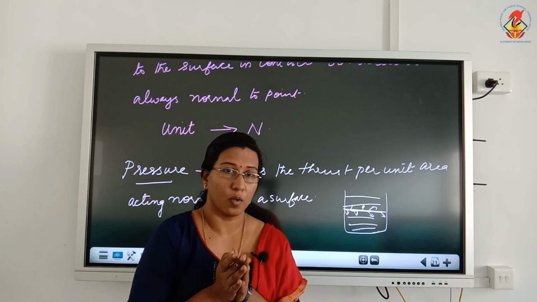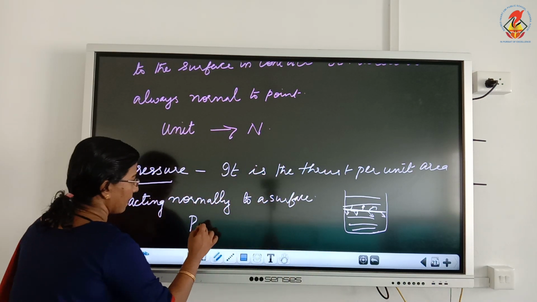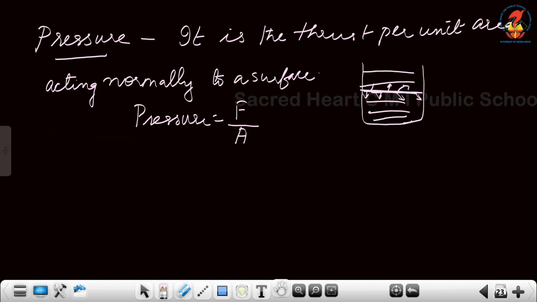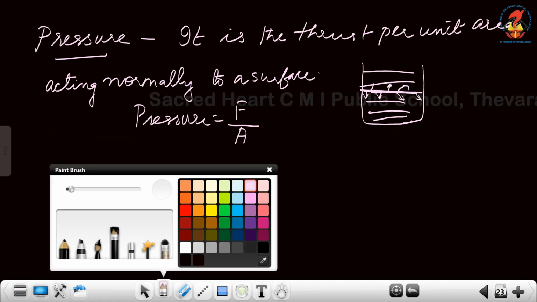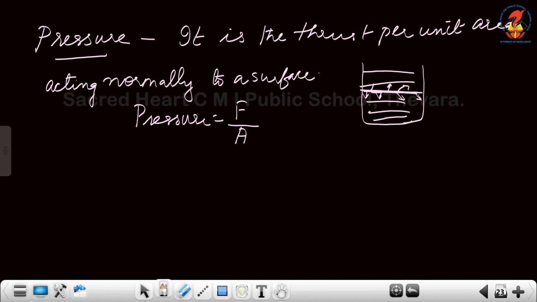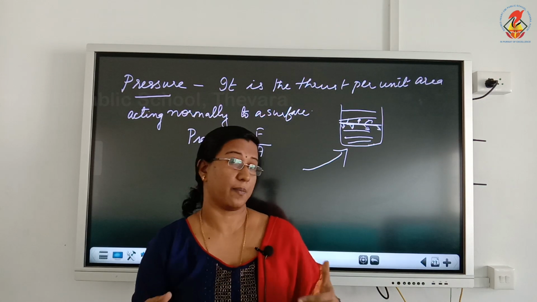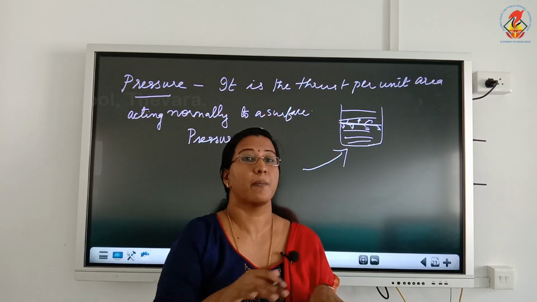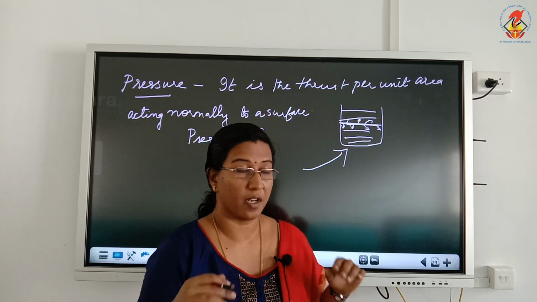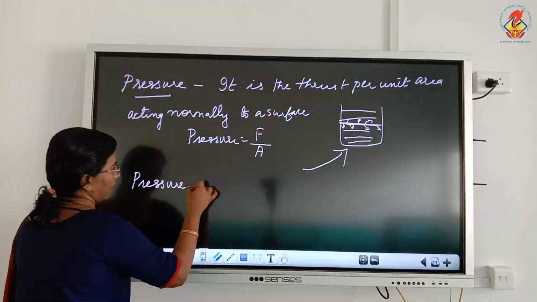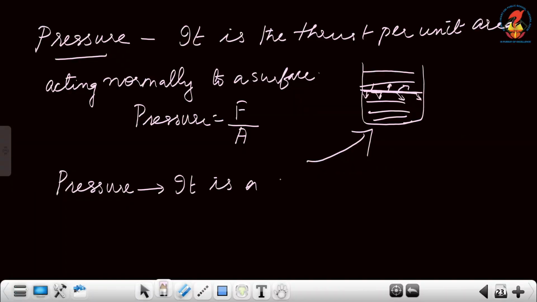The equation to find pressure is force by area, and we know force is a vector quantity and area is a scalar quantity, so according to this equation, pressure should be a vector quantity. But because of this speciality that at a particular depth, fluid exerts pressure in the same magnitude in all directions, we can say pressure is a scalar quantity.